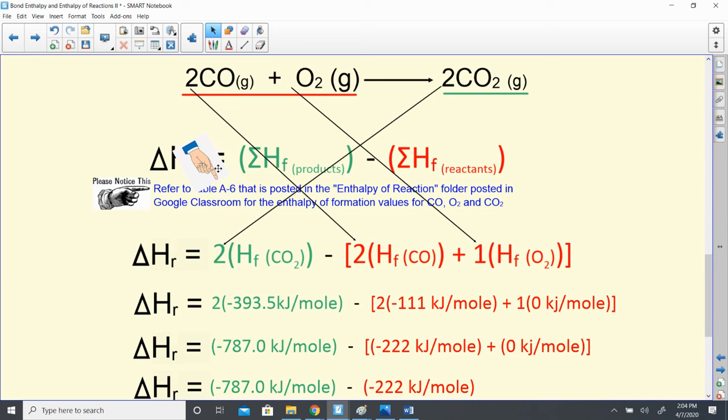Again, you can find that on table A6. 2 times the enthalpy of formation of carbon monoxide, so we have 2 carbon monoxides up here. And it's going to be 1 times the enthalpy of formation of oxygen. So I have 2 times negative 111 and then 1 times 0. Now oxygen's enthalpy of formation is 0 because it exists as O2 in the standard state.